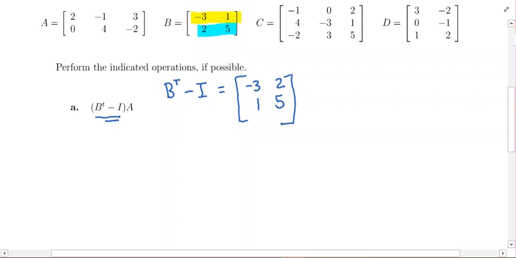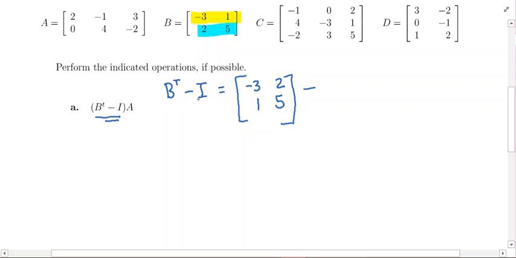So that is B transpose right there. Then we have to subtract the identity. Remember, the identity can come in different sizes, and they don't tell you here. You're not told to use I2 or I3 or I4. The reason is because you should know. Remember, you are subtracting these two matrices.